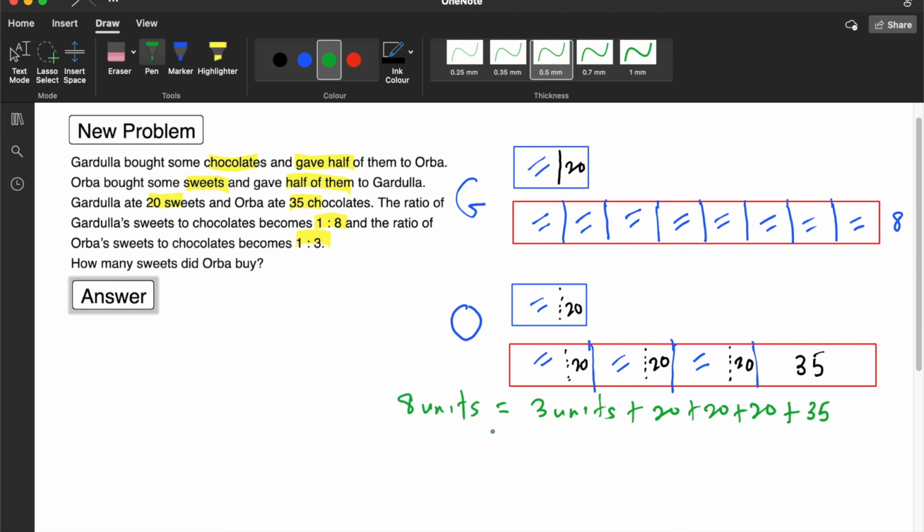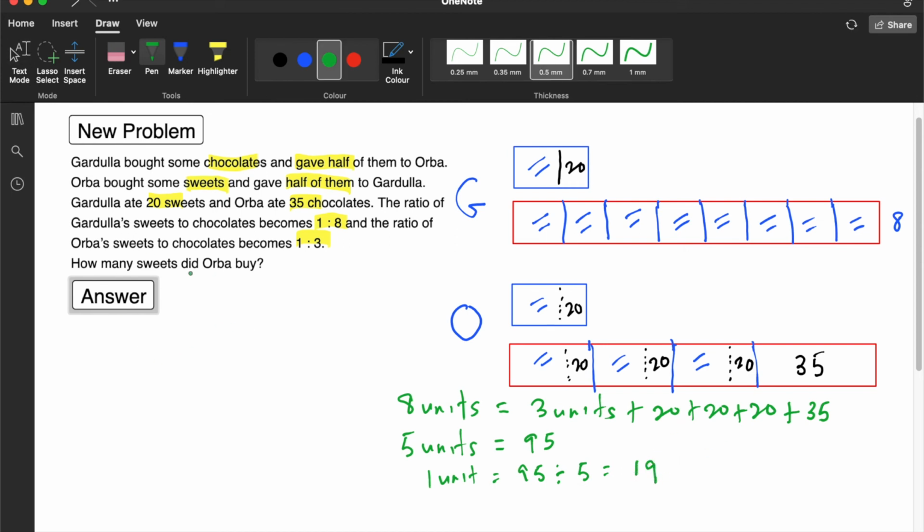Right? So what's the next step? 8 units minus 3 units is actually 5 units. And that will be equal to all this, which is 20, 20, 60, so that is 95. So 1 unit is equal to 95 divided by 5, that is 19. Right?